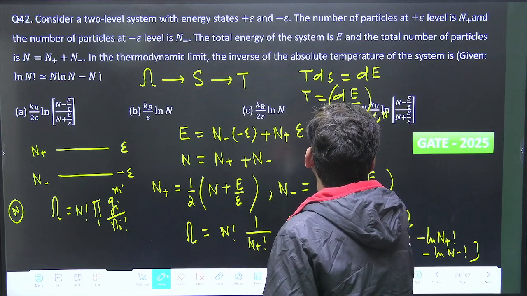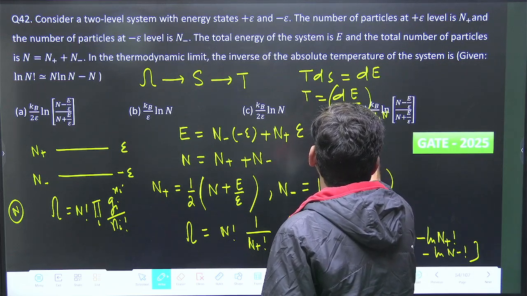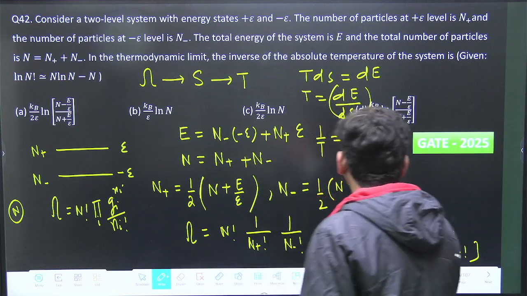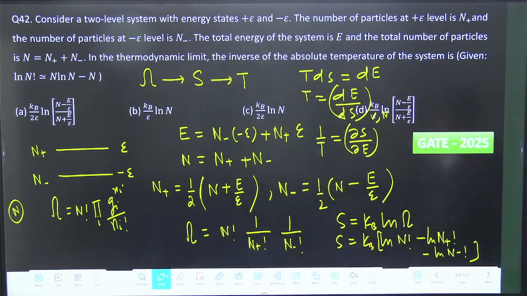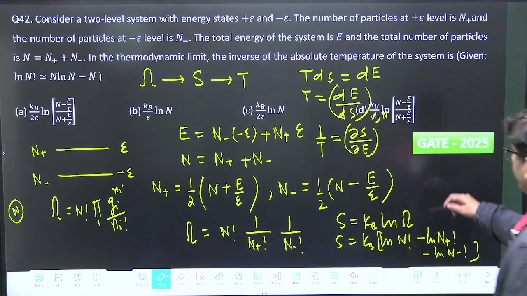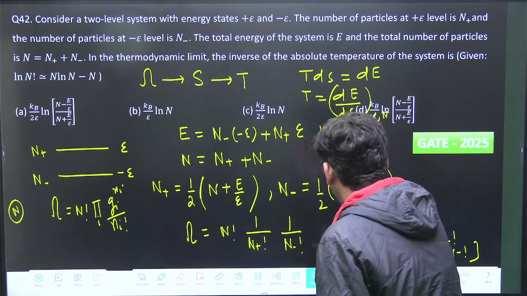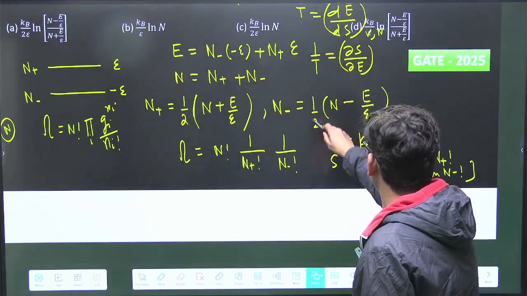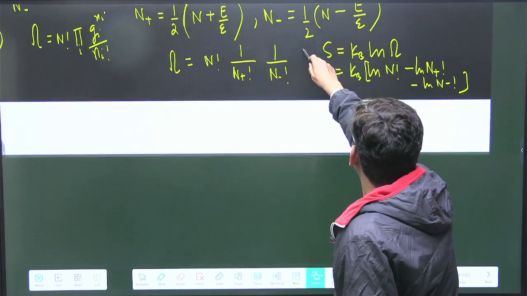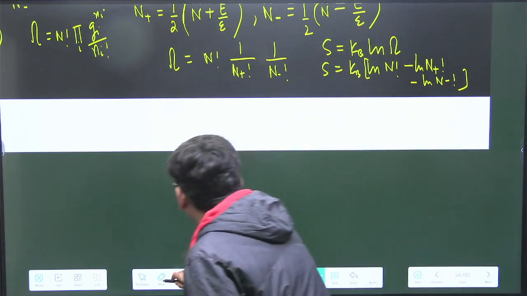So if I calculate 1 by T, it will become del S by del E. 1 by T is equal to del S by del E, right? So now I have to take differentiation with respect to energy, so we have to just differentiate this S with respect to E.